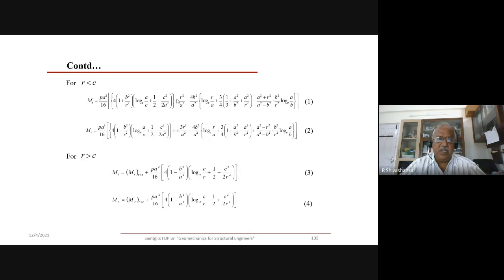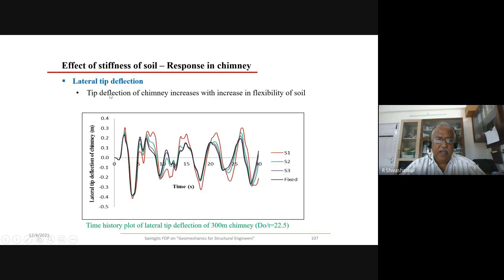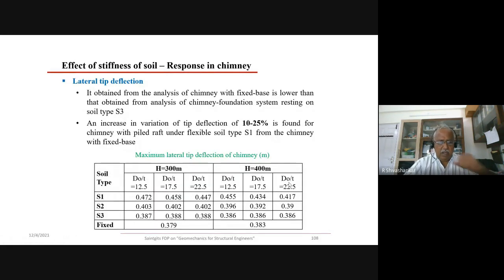The big equations are the radius less than c, where c is the radius to the center of the shaft, and I'll come to the results. The tip deflections we got with time are as follows for soft, medium, and dense soil, and for the fixed case.